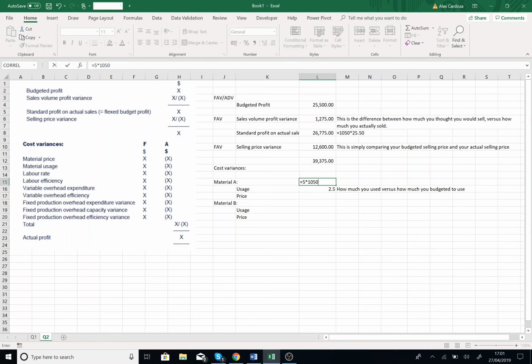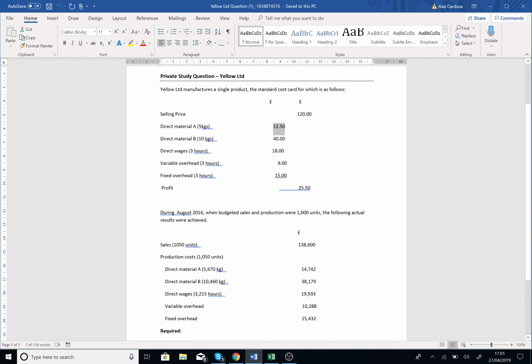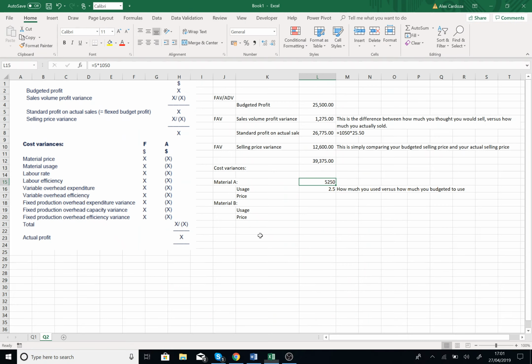So this is what you need to do. You expected to use 5,250 kilos, yeah? That's 5 times however many units we made. You expected to use 5 kilos per unit, and you produced 1,050, so you were expecting to use 5,250.